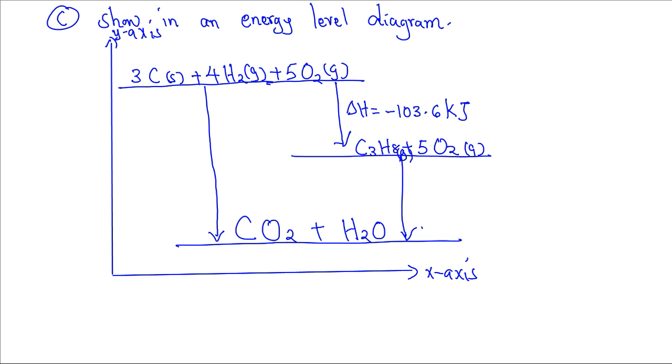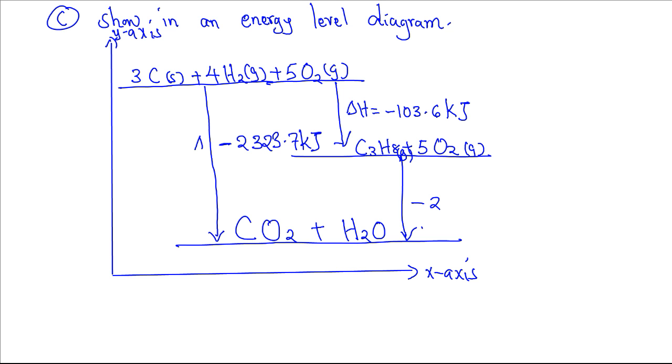Then we have the overall as delta H2, which is minus 2323.7 kilojoule as the overall. Then down we have negative 2.